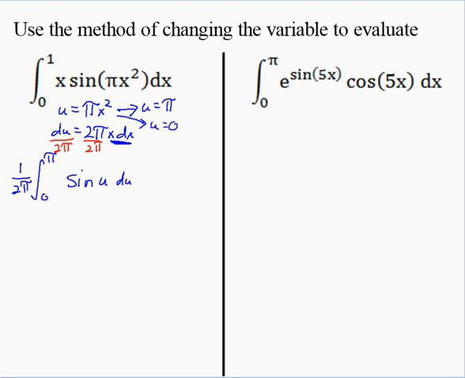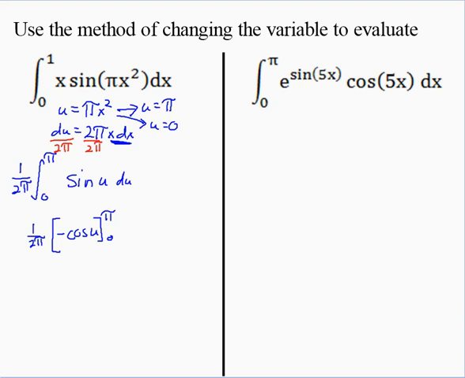So we're going to be going from 0 to pi, integrating sine. So we have 1 over 2 pi. Integral of sine is negative cosine, evaluated from 0 to pi.